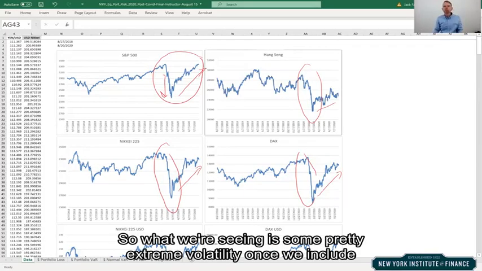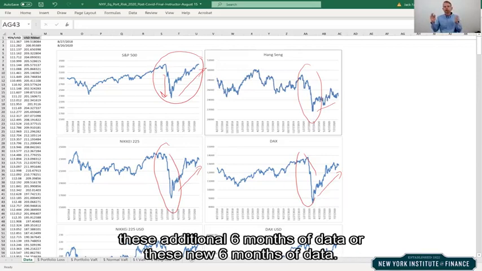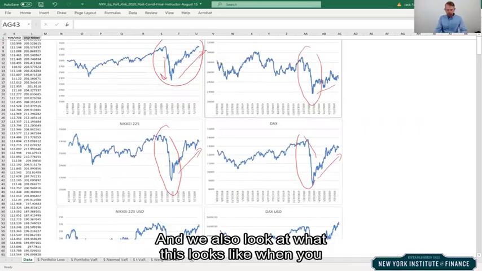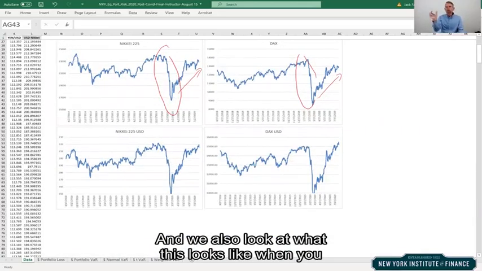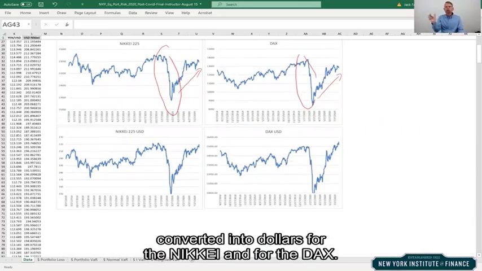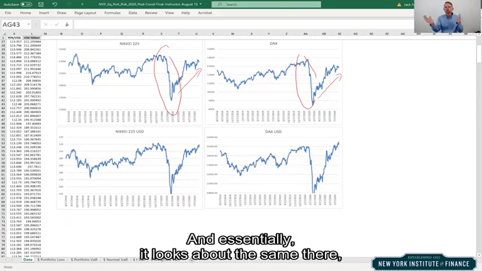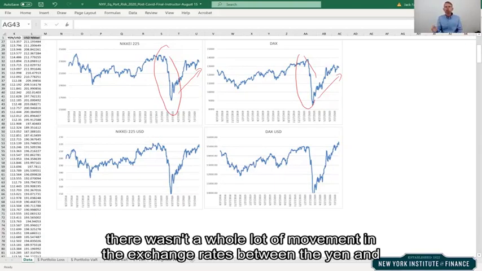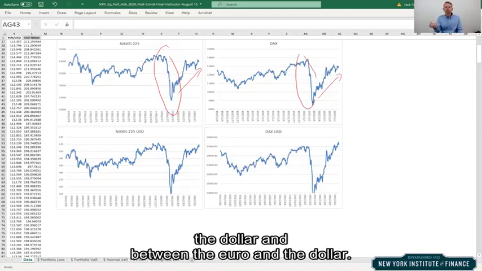So what we're seeing is some pretty extreme volatility once we include these new 6 months of data. We also look at what this looks like when you convert it into dollars for the Nikkei and for the DAX, and essentially it looks about the same there. There wasn't a whole lot of movement in the exchange rates between the yen and the dollar and between the euro and the dollar.